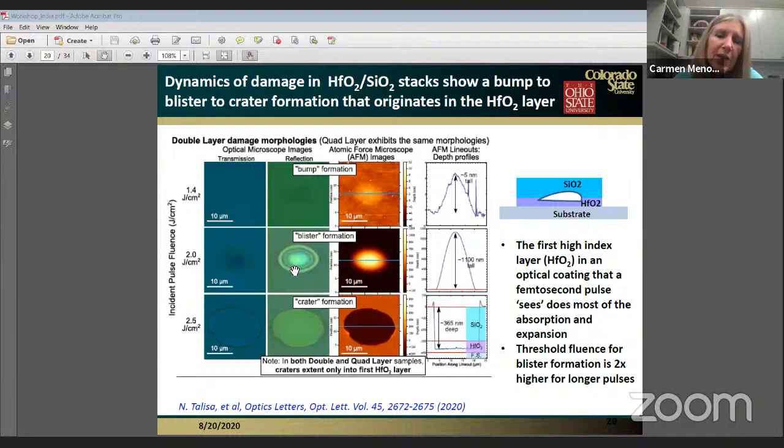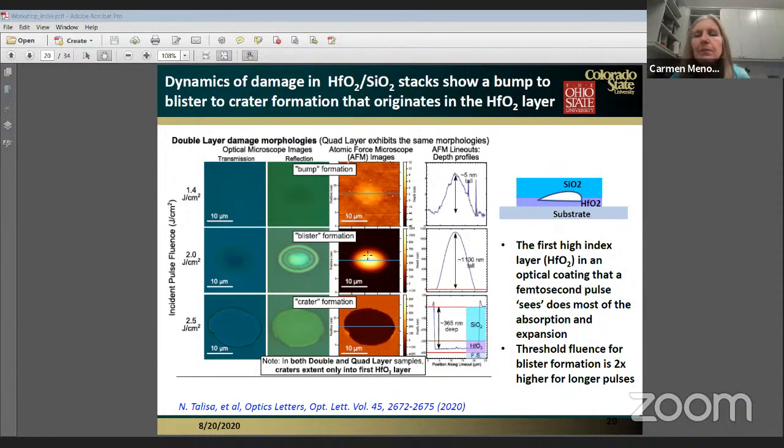This plot is very complicated, but what it shows is actually these are optical microscopy images and atomic force microscope images that show that when an intense pulse impinges on these coatings, a bubble forms at the interface between the top silicon dioxide layer and the bottom hafnium dioxide layer. And what you see here, in a sense, is a spring that is doing this.